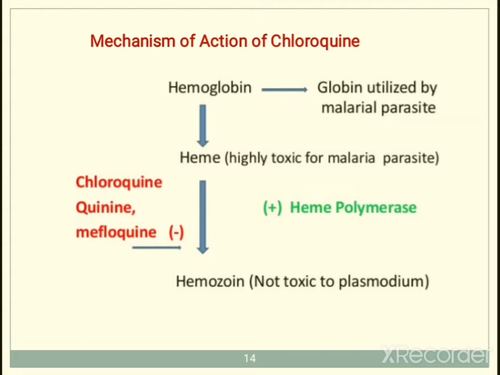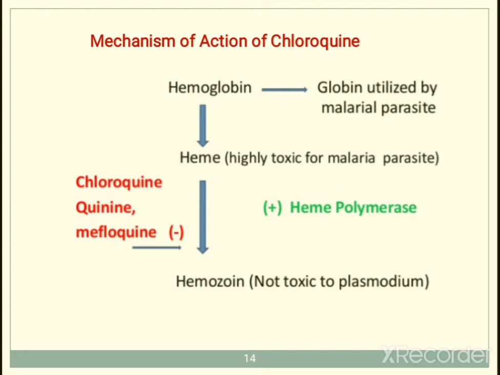Subsequently, this heme is converted into hemozoin by the heme polymerase enzyme. This hemozoin is not toxic to the Plasmodium, but the heme is toxic to the malarial parasite.